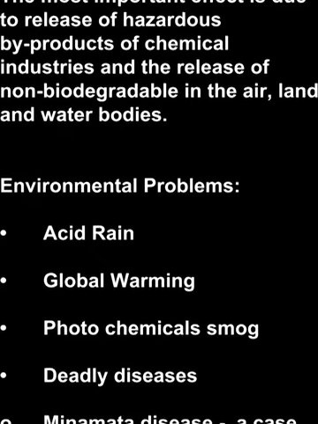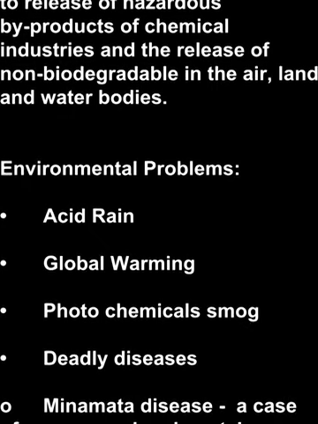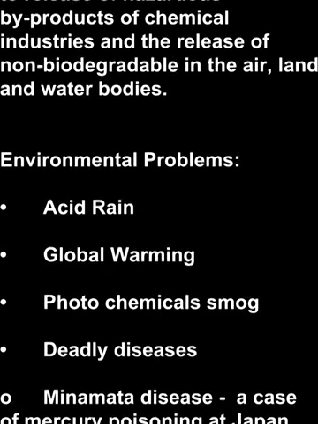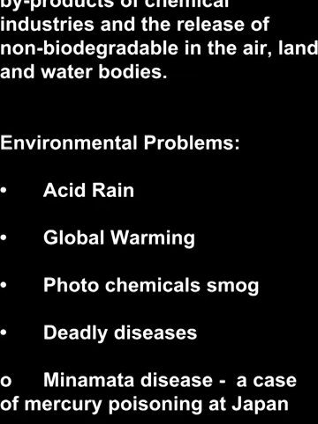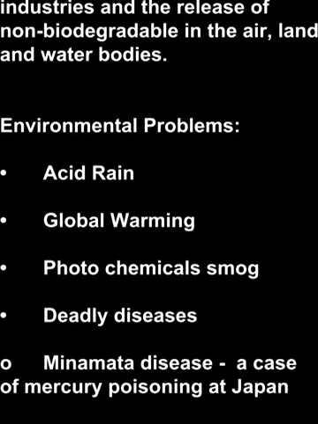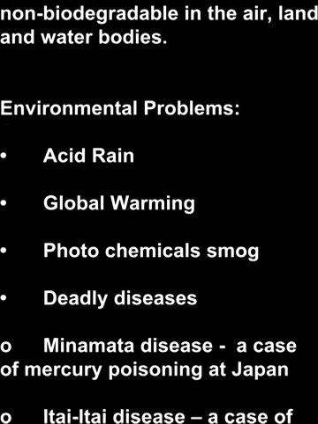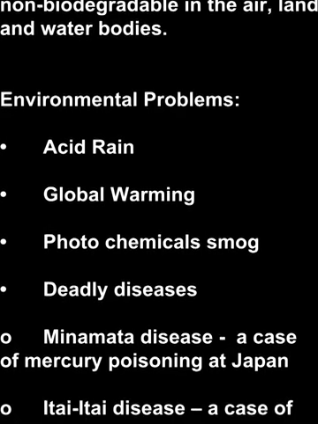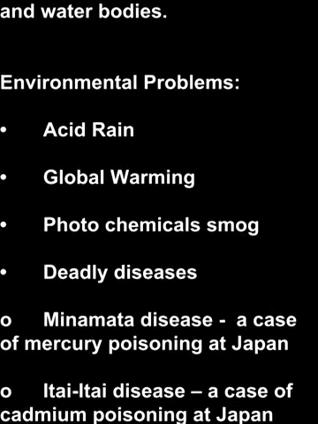For example, Minamata disease. It is the case of mercury poisoning. In the 1950s, more than 50 people died and a number of people were affected in Minamata, a seacoast village in Japan. So the reason was attributed to eating fish contaminated with mercury.